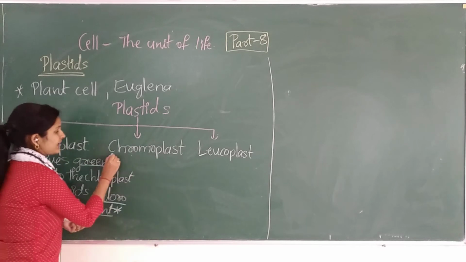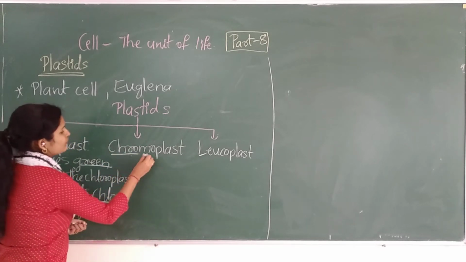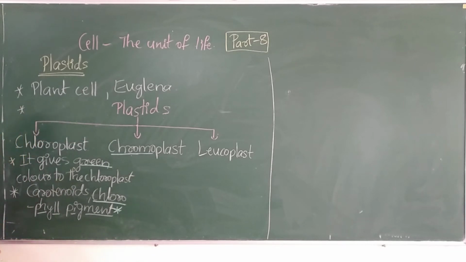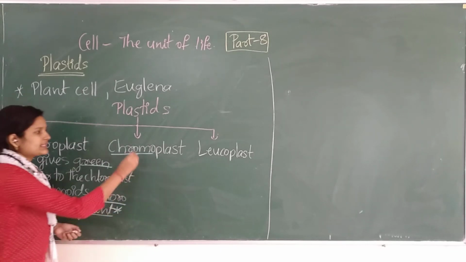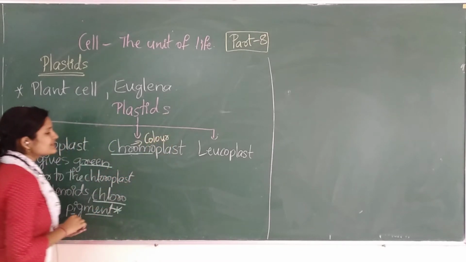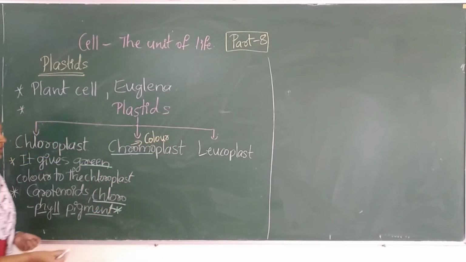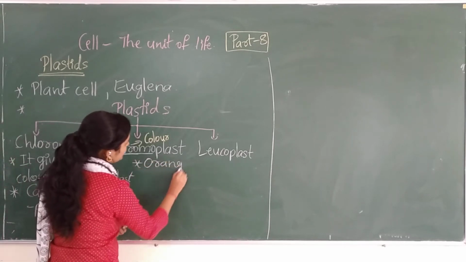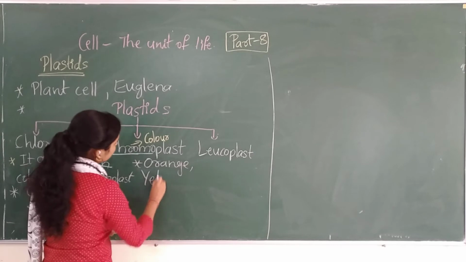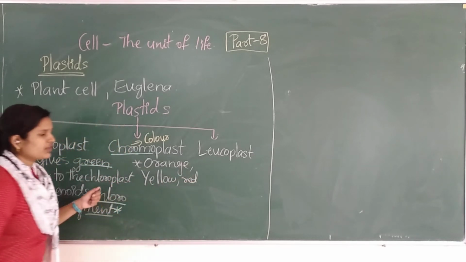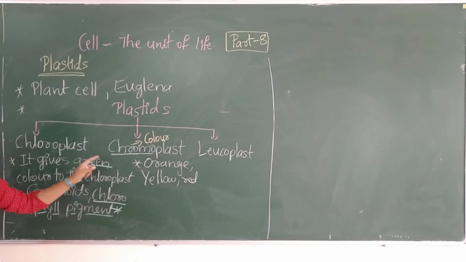Next, the second one: what do you mean by chromo? It is nothing but color. In some plants we observe orange, yellow, red color, and everything is because of the presence of these chromoplasts.